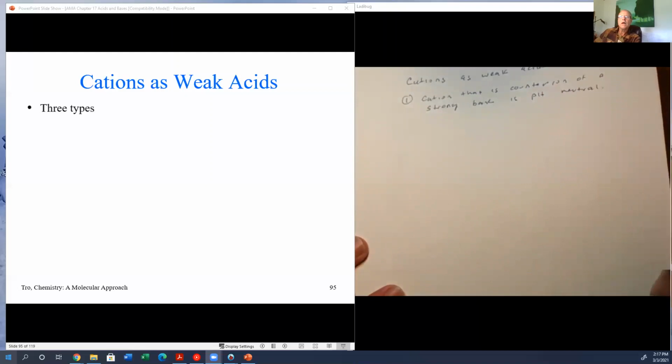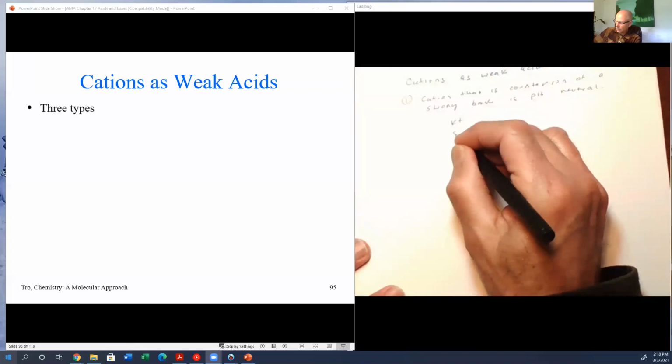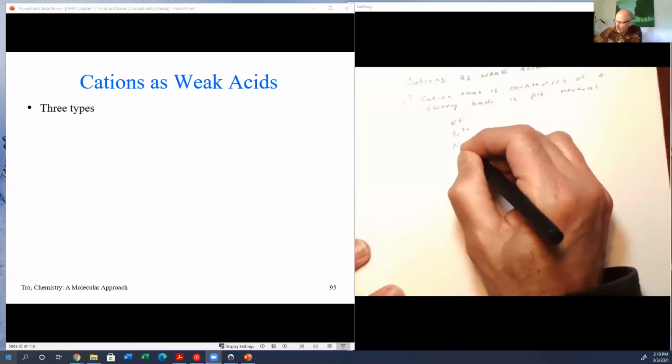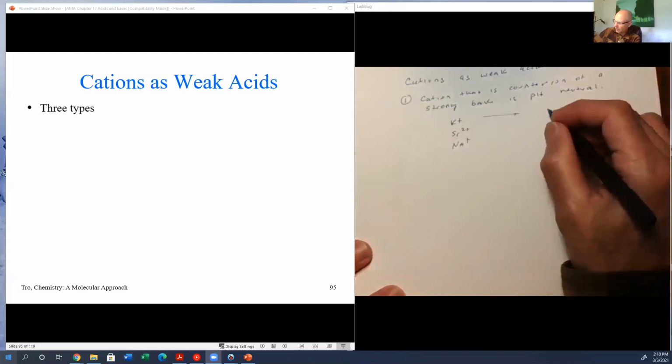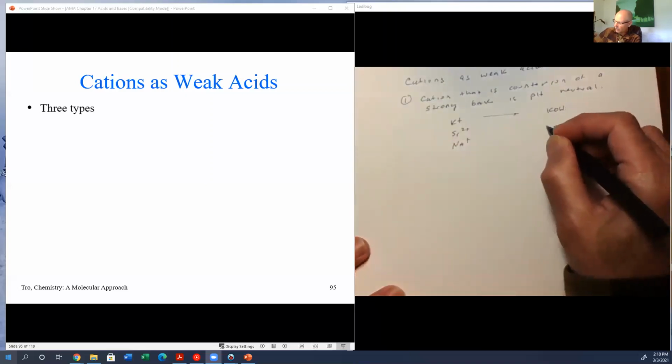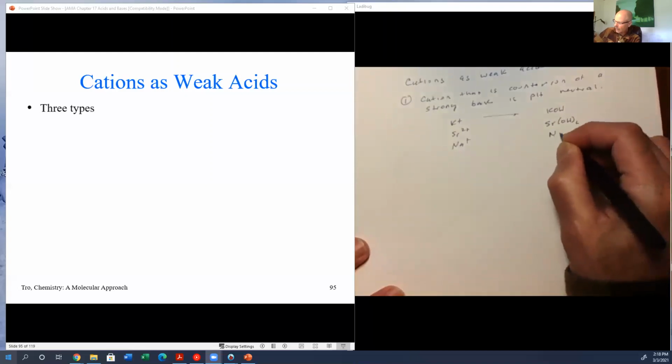Remember, the strong bases we talked about are the group 1 and group 2 metal hydroxides. So things like K plus, strontium 2 plus, Na plus. They are the counter ions of things like KOH, Sr(OH)2, NaOH.